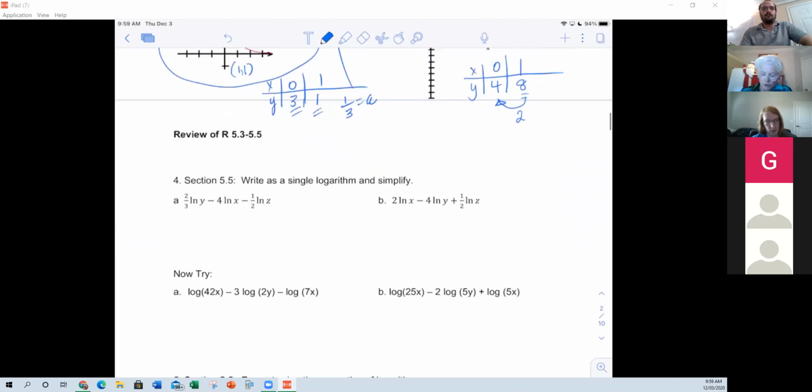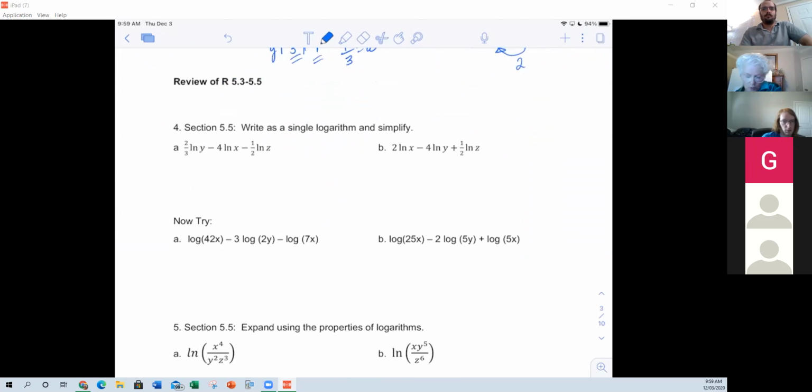Okay. So then on number 4, write as a single log. So a single log means you're going to have the word log with a big blob past it. You should have nothing being multiplied or divided or added or subtracted. You should just have one word log and then a big blob of stuff. So in this case, this 2/3 can come right here, and we can put it on the y.